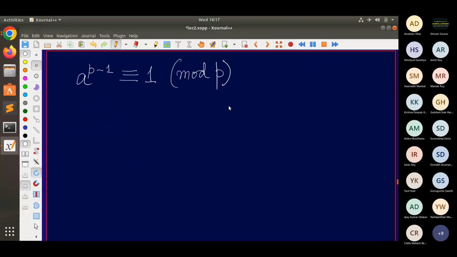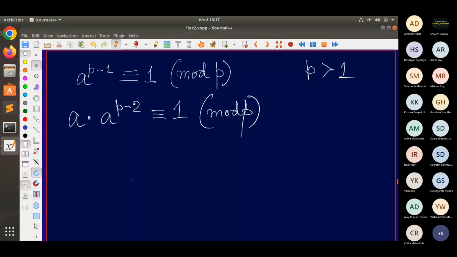Now notice that for p a prime, p is obviously greater than 1. So you can do something like a times a to the power p minus 2 is congruent to 1 mod p. This can be done, right? Multiplication, I just broke this exponent into two parts. Now observe that this is actually your b that we were talking about. Just think about this for a moment.